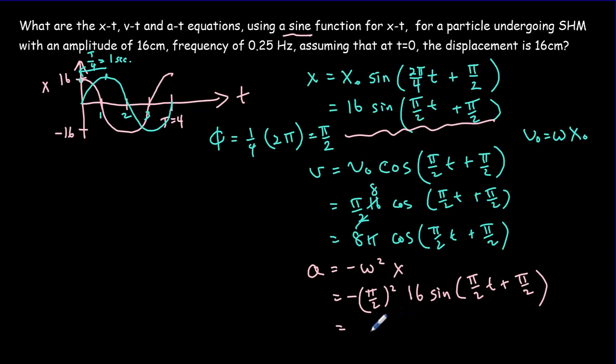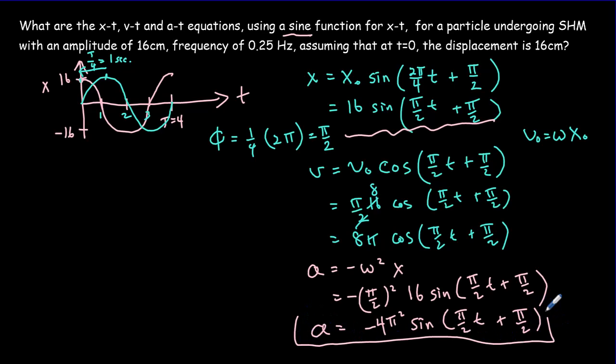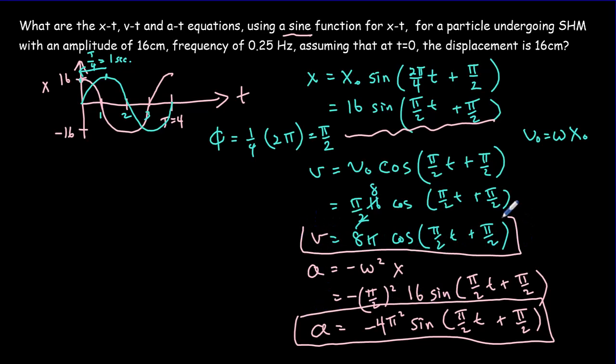And we can simplify a little bit. We're going to get negative pi squared, 16 over 4 would be times 4, and then we'd have the sine of pi over 2 times t plus pi over 2. So this would be the equation for the acceleration. This is the velocity, and this is the displacement.